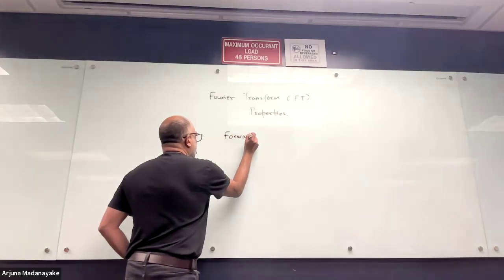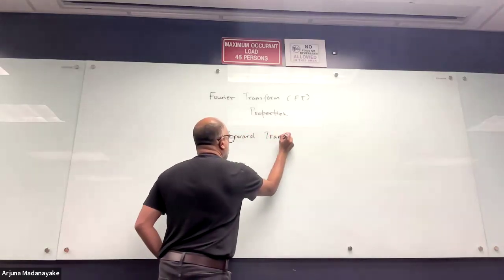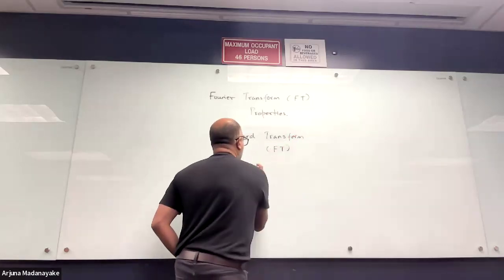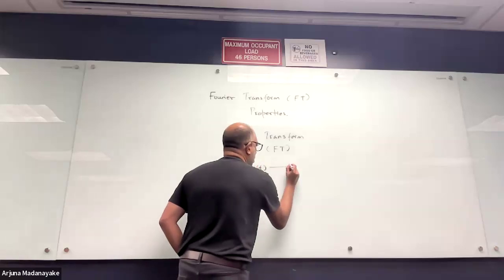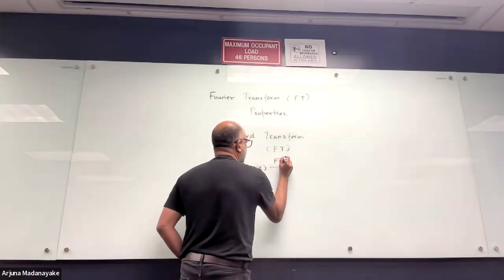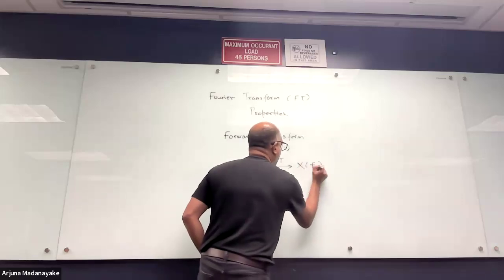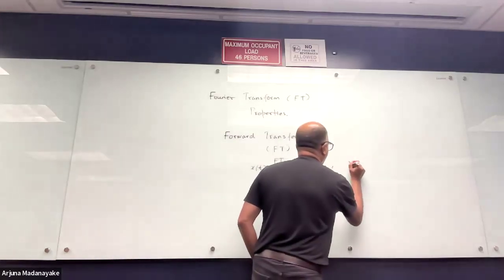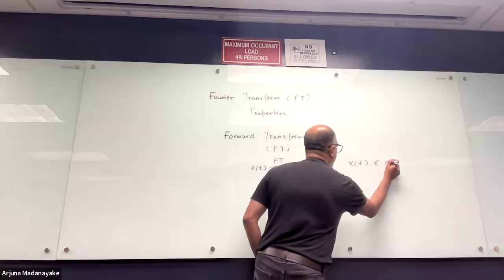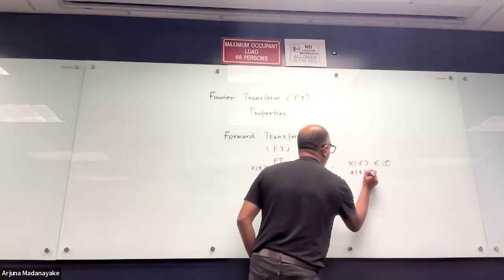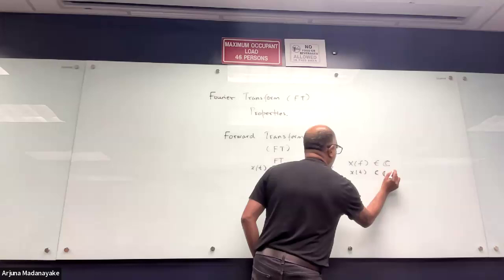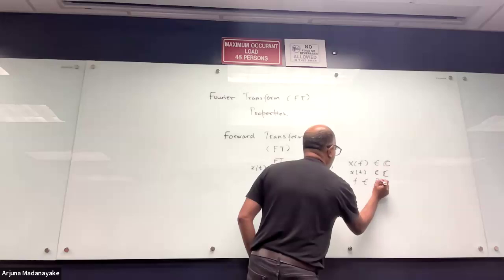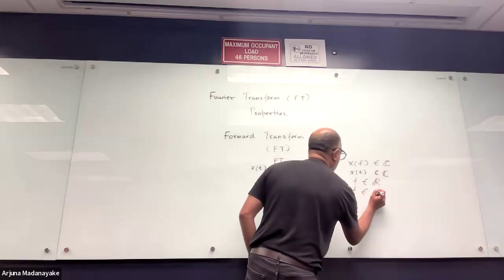Let's say the forward transform takes x of t to the Fourier transform X of f, where X of f is generally complex valued, and x of t can also be complex valued. Frequency is a real value, and so is time.